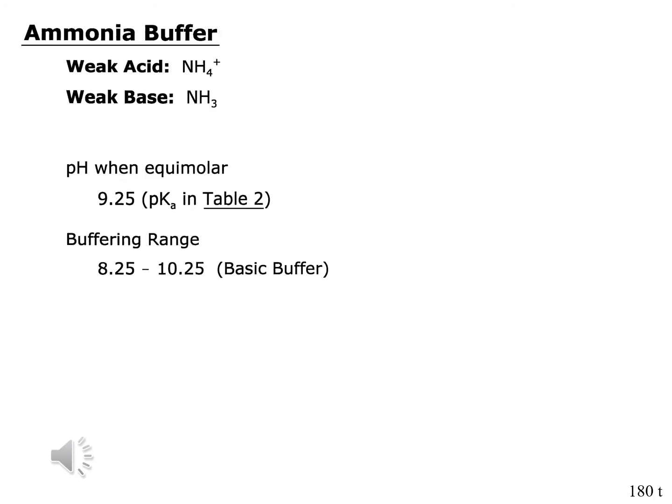So for an equimolar buffer, you have 9.25, and you can make a buffer anywhere in the range 8.25 to 10.25. When a chemist thinks of a pH 9 or 10 buffer, he'll usually think of ammonia first.